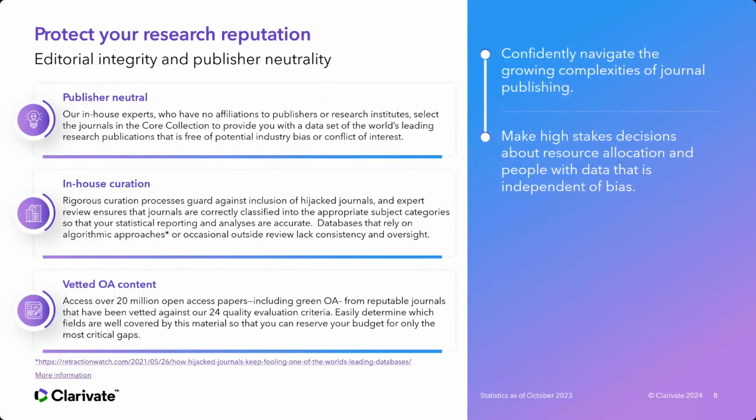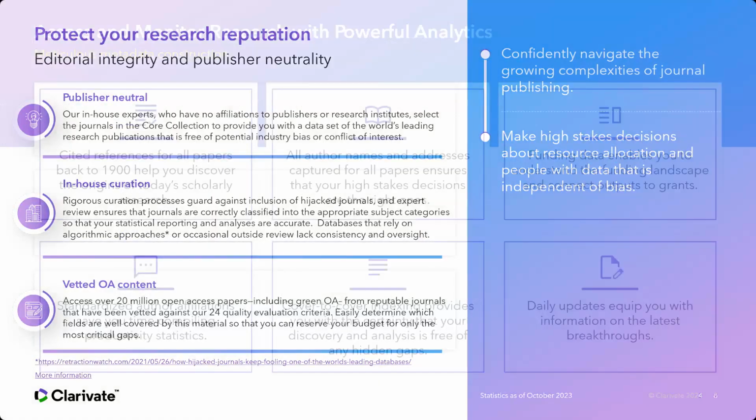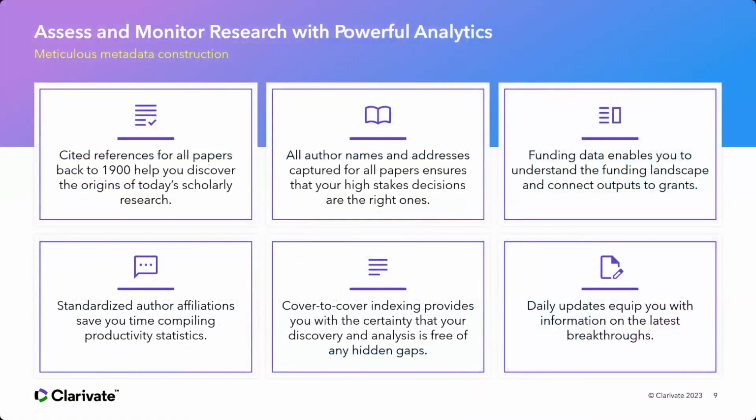Now, I won't go through this slide, but the next thing within the Web of Science is that we have meticulous metadata within the platform. What do I mean by this? There are certain platforms that maybe only include a small proportion of cited references for each record.